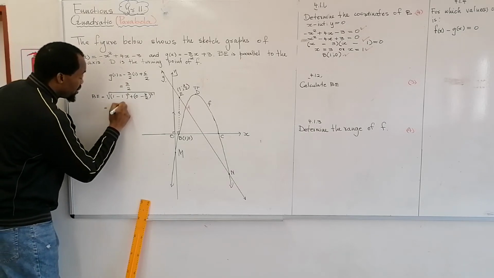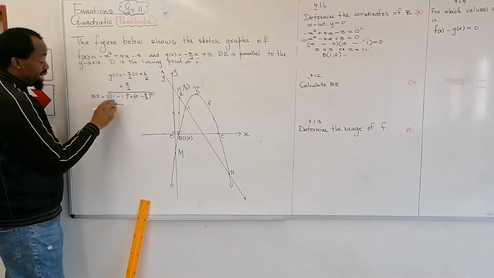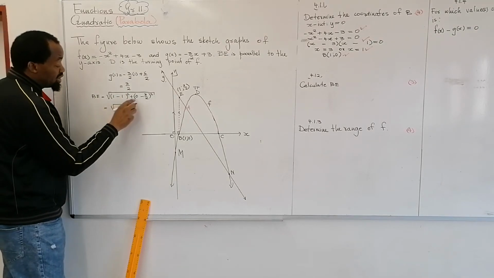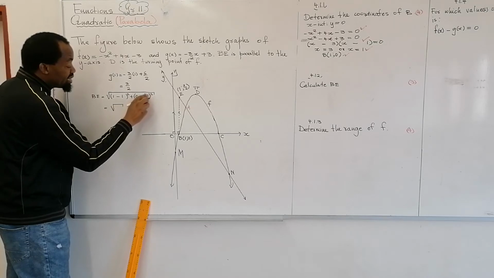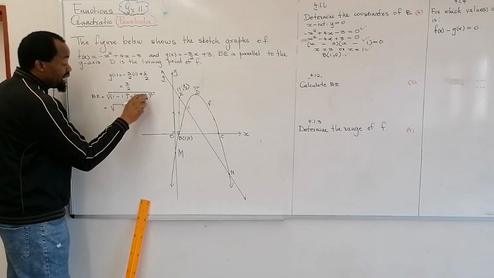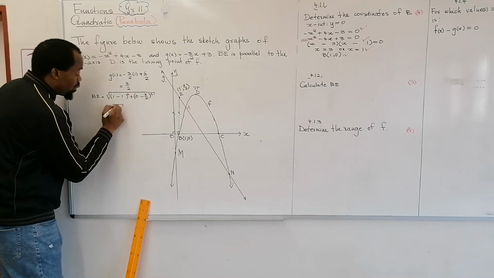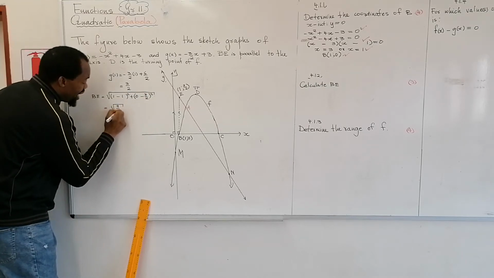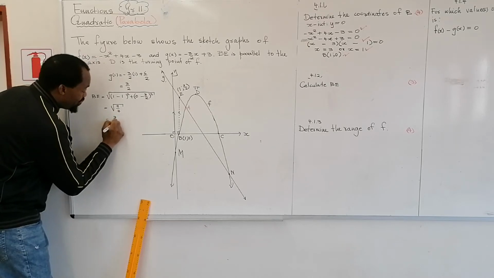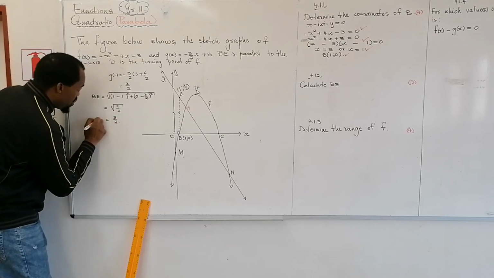Now, the first bracket is 1 minus 1, which is 0. 0 squared is 0. 0 minus 3 divided by 2, which is minus 3 divided by 2. Minus 3 divided by 2 squared is 9 divided by 4. And the square root of 9 divided by 4 is 3 divided by 2.